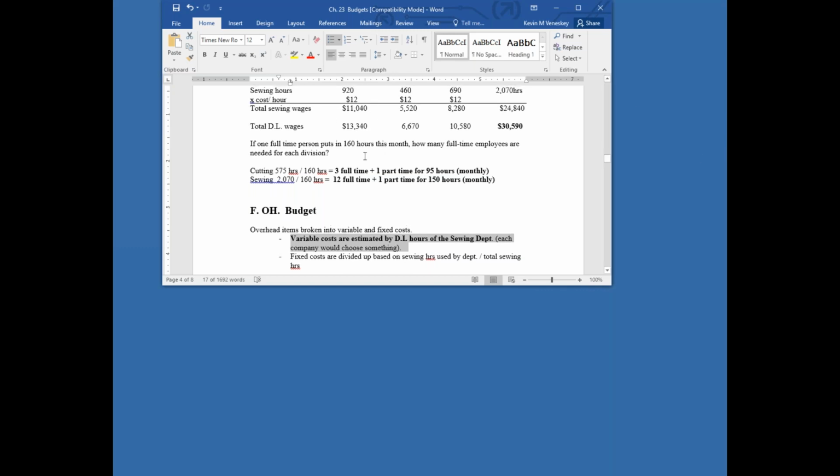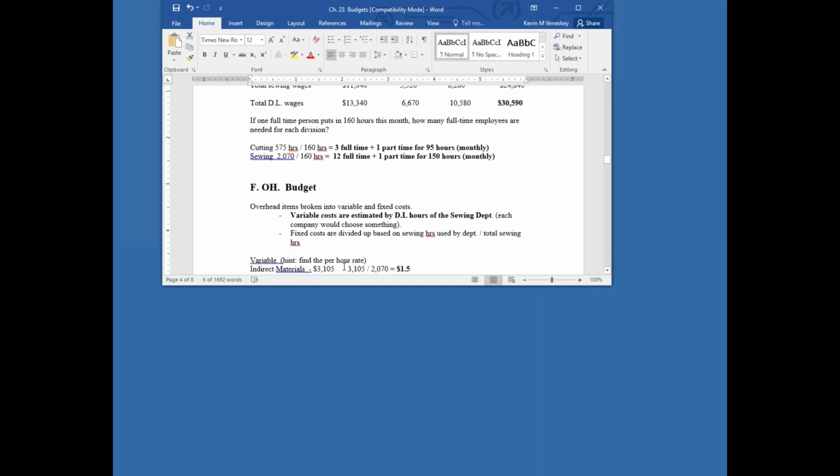So I come back up here and I can see that my sewing hours were 2,070 hours. If I have $3,105 in indirect materials, I can find the hourly rate.